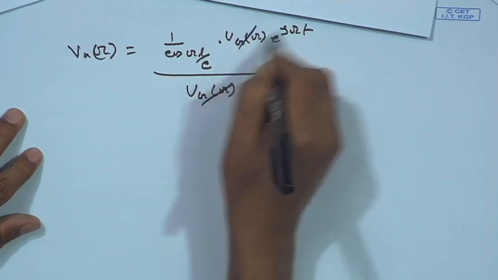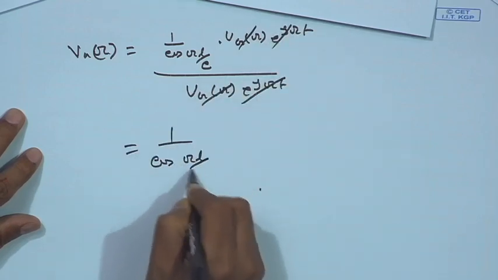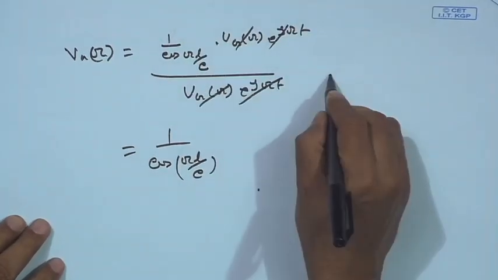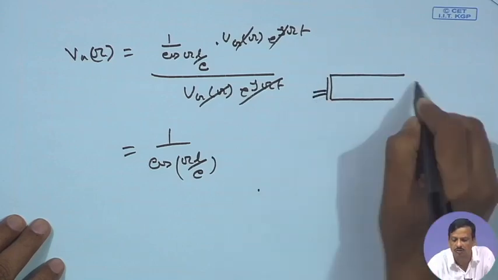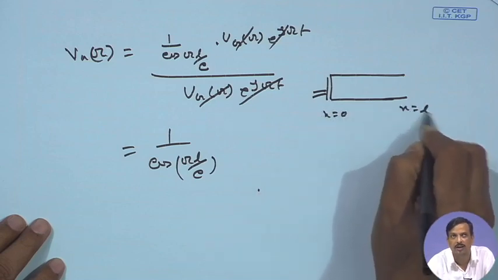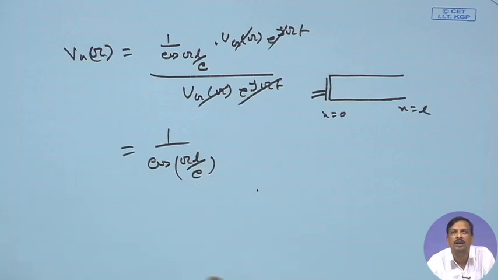So, this will cancel, and it is nothing but 1 by cos omega L by c. So, the transfer function of the uniform tube where this side is closed and the mouth is open, x equal to 0 and x equal to L, is 1 by cos omega L by c.